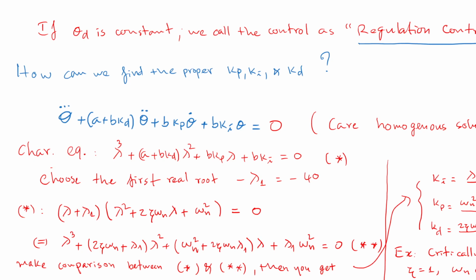Let's say, if it oscillates around the desired value, in 1 second it can oscillate 4 times, so here it should be 2 pi times 4, for omega n.